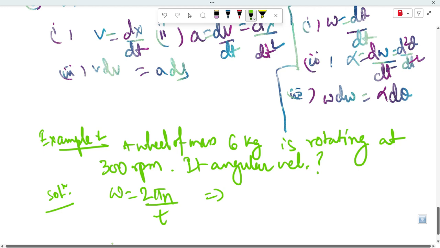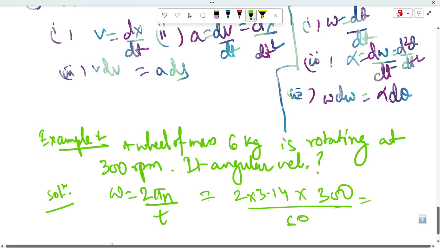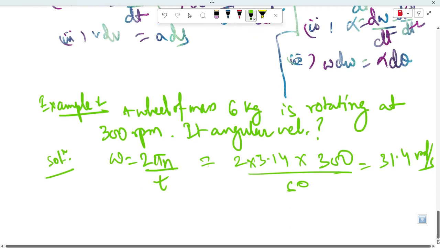It will be 2 into 3.14 into 300 divided by 60. I am converting into seconds, so time is 60 seconds. Using the calculator, what I get is 31.4 radians per second.